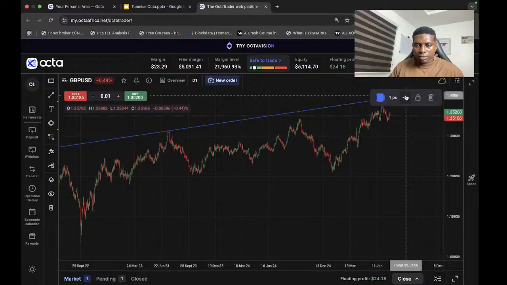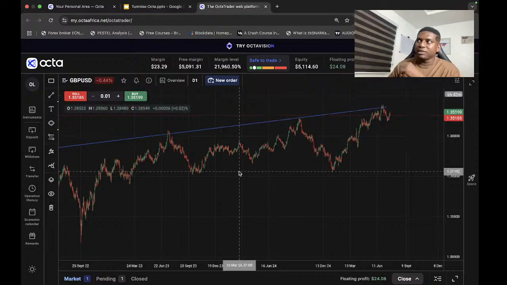All right. Now, what next is we are going to mark levels of support and resistance. These are key levels of support and resistance on the daily time frame.